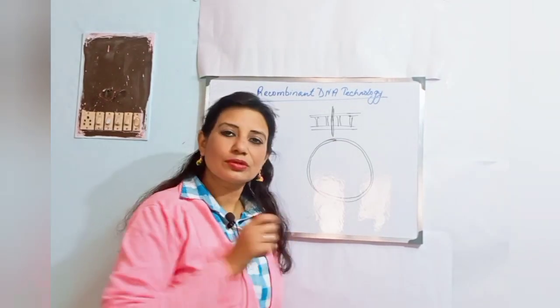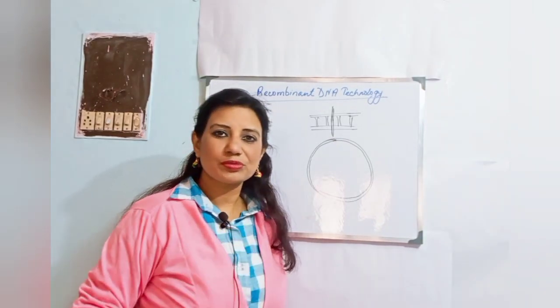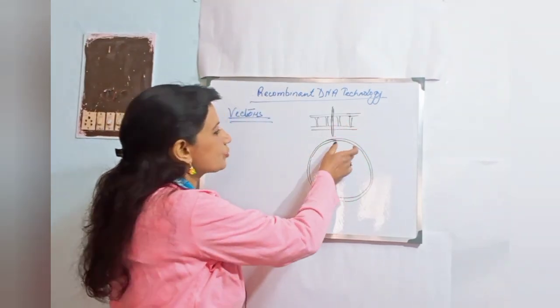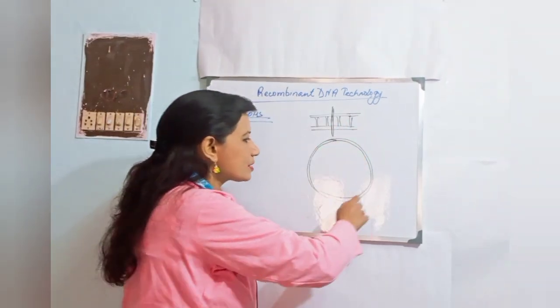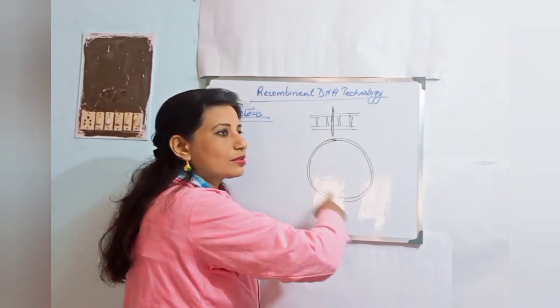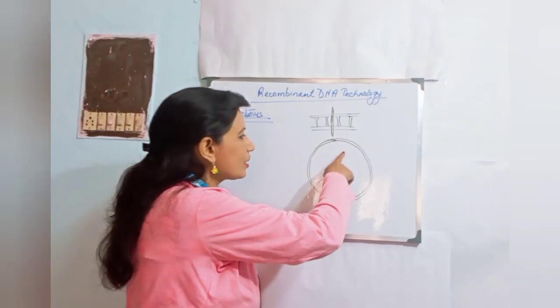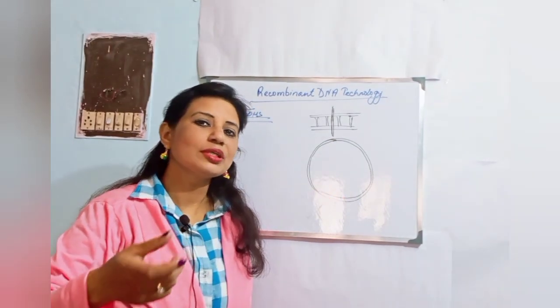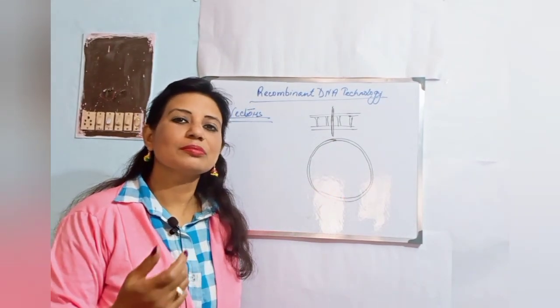It has to be a particular point. A particular system should be there where a vector is going to carry, and it will be introduced in some part of this vector, and where it is attached and integrated, that is known as the recombinant plasmid.